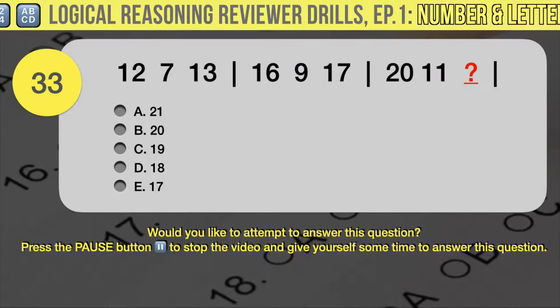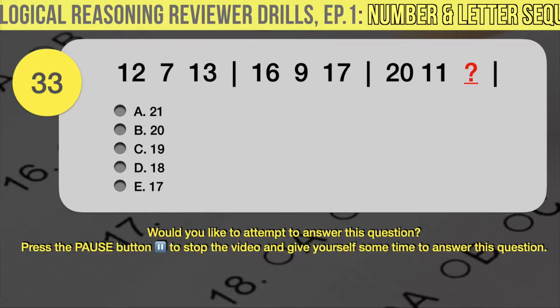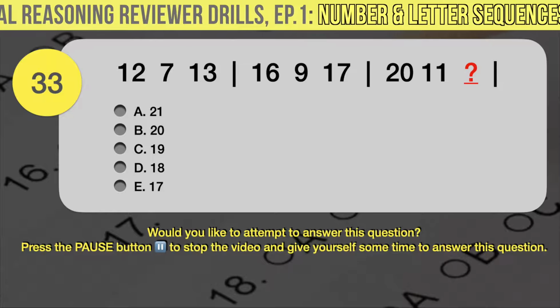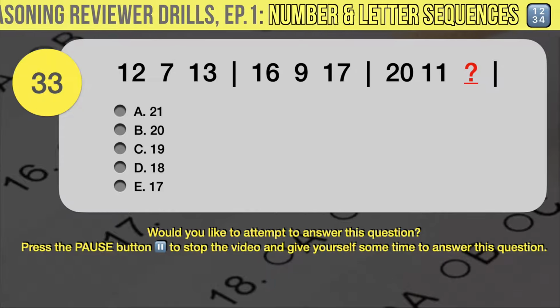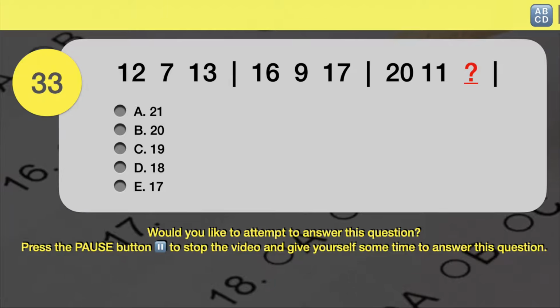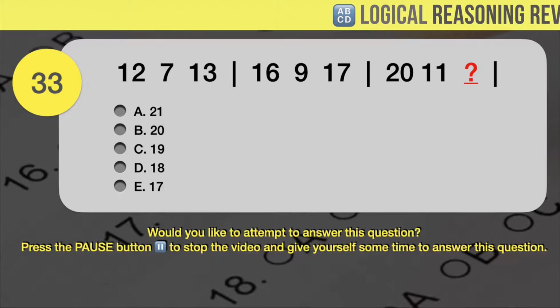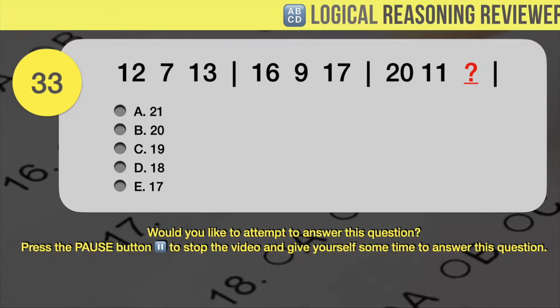Drill question number 33. Find the missing number in the following number sequence. First segment: 12, 7, 13. Second segment: 16, 9, 17.